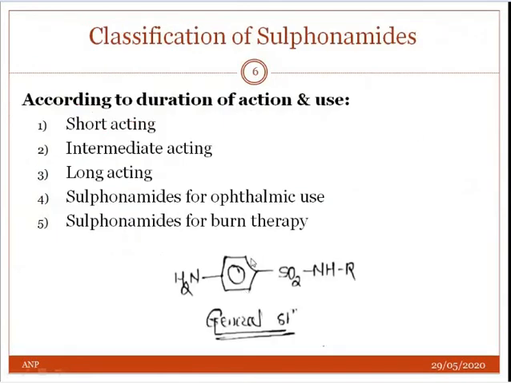See, this is the general structure of sulfonamide. How to draw it is very easy. Draw the benzene ring with NH2, then SO2NH2, the sulfonamide group. And what is the name of that structure? Sulfanilamide.